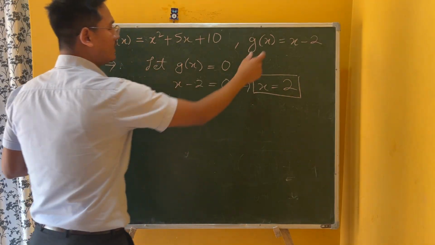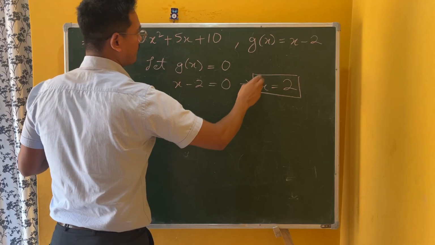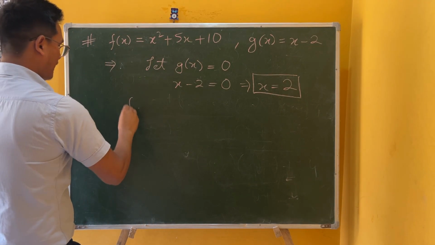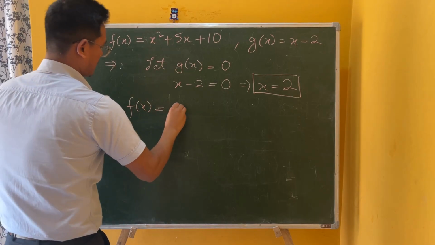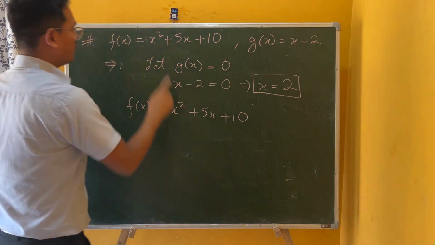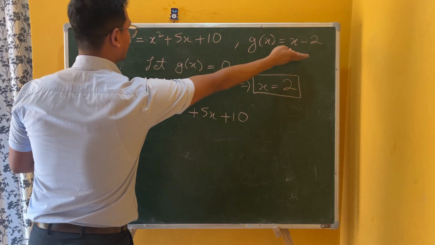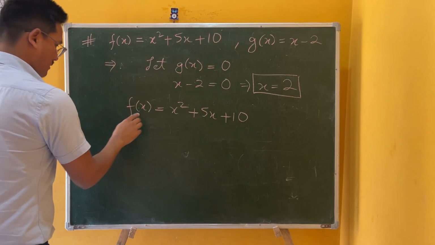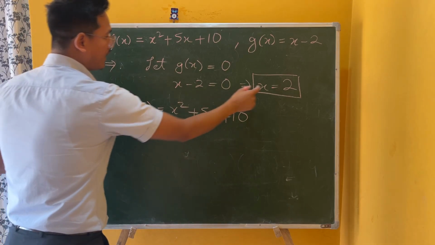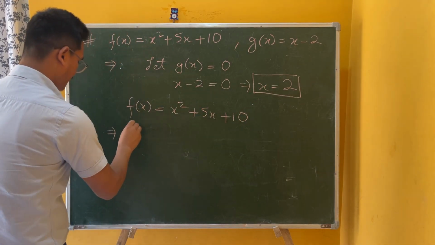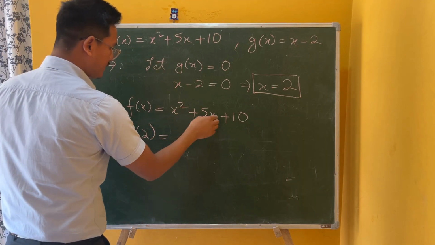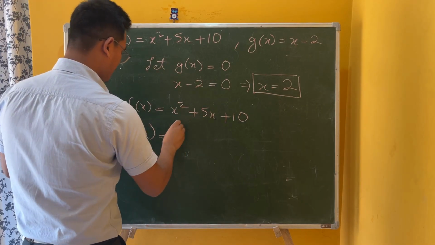So first you equate the divisor to 0 and find how much is x. So x is 2. Next you have this given polynomial whom we are dividing by x minus 2. You substitute the value of x by 2. Wherever you see x, just plug in this value.